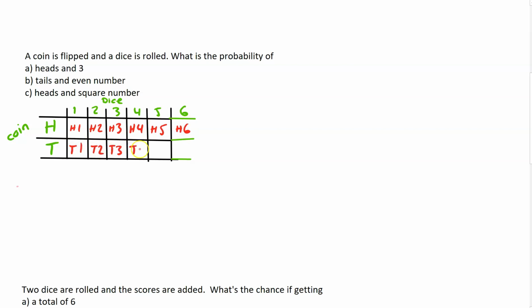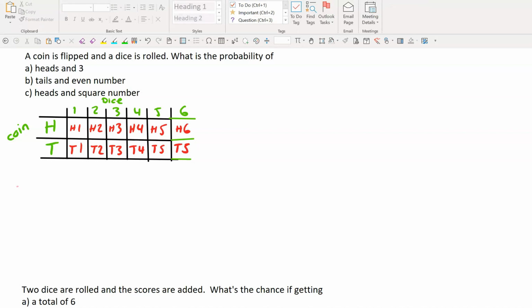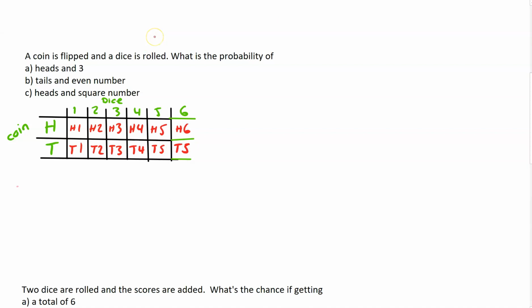So how many outcomes are there? How many combinations are there? How many red numbers, boxes, whatever you want to call it? Well, there's 12. So all of our answers, A, B and C, are going to be out of 12. And then heads and 3.